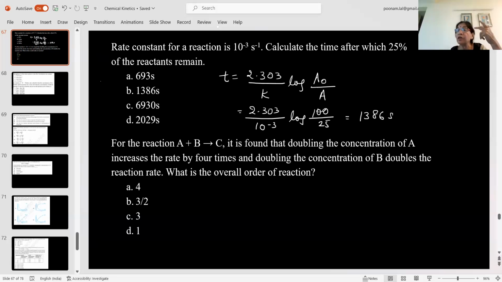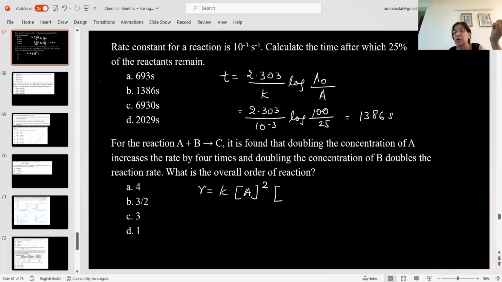If doubling increases the rate by 4 times, what is the order of reaction with respect to A? R is equal to K, A raised to 2, because when I double the concentration of A, the rate becomes 4 times. So the rate becomes squared. So it is second order.